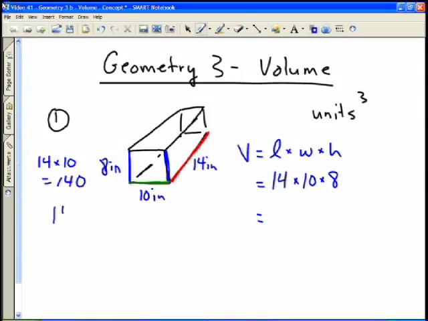And now 140 times 8 will give us 8 times 0 is 0. 4 times 8 is 32. So we write down the 2 and carry the 3. And 1 times 8 is 8, plus the 3 we carried gives us 1120. So this volume will be 1120 inches cubed.